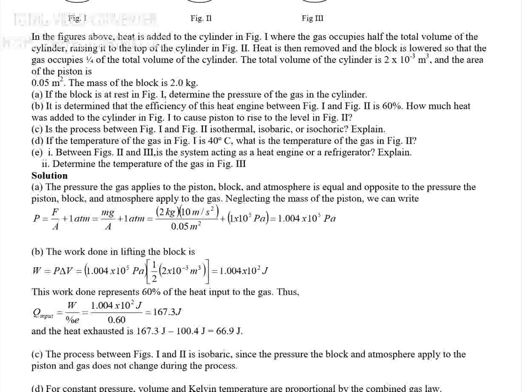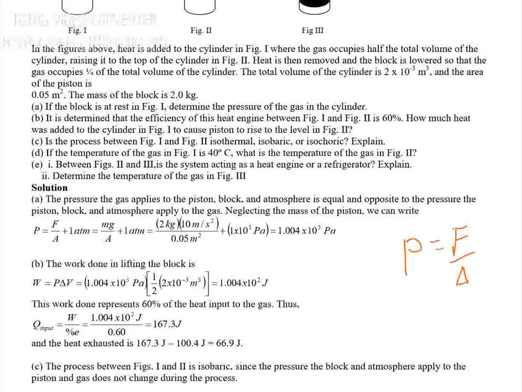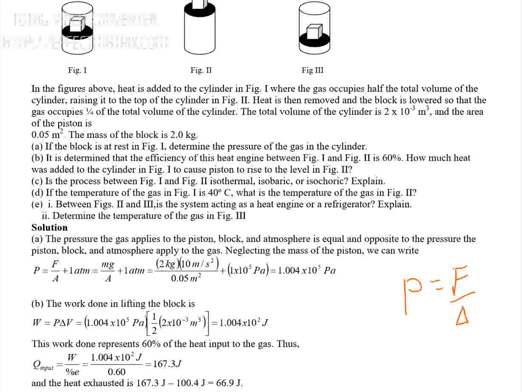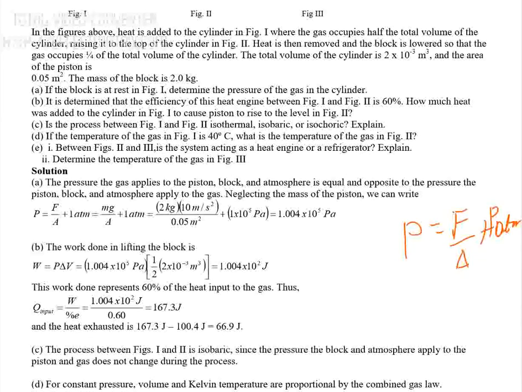To do this, as you know, pressure is equal to force over area. But here, this cylinder is open. Since it's open, there is another pressure acting, that is atmospheric pressure, P atmosphere. The atmospheric pressure at ground level is 1 atmosphere. Therefore, force over area plus 1 atmosphere is used.